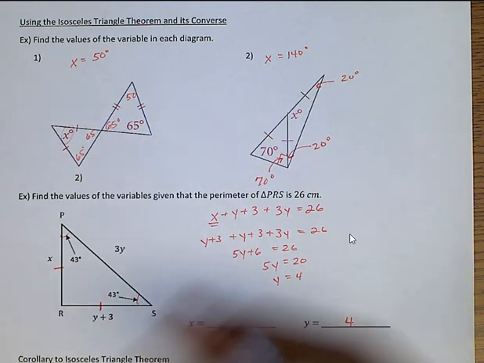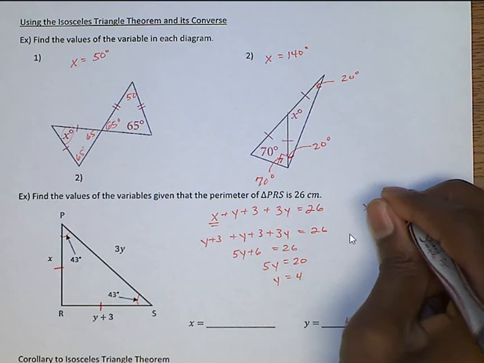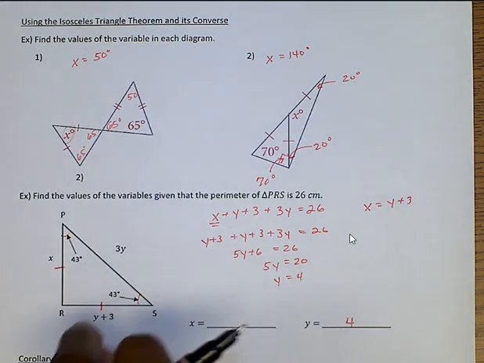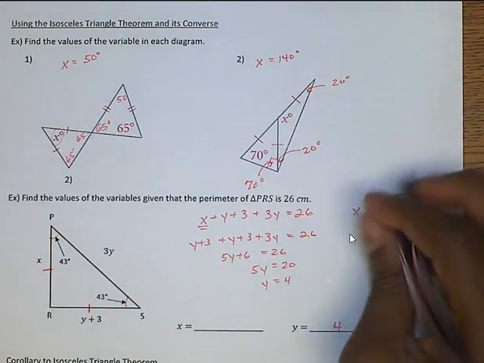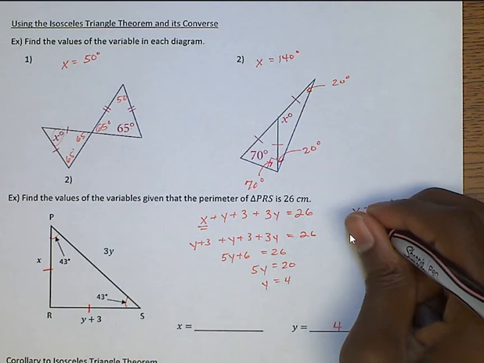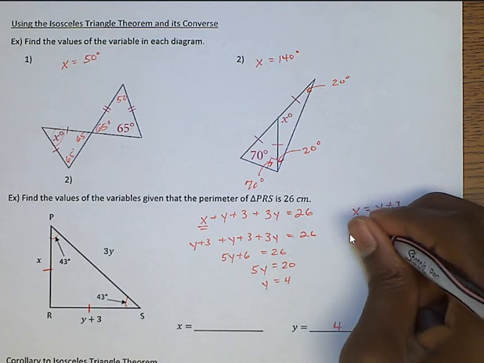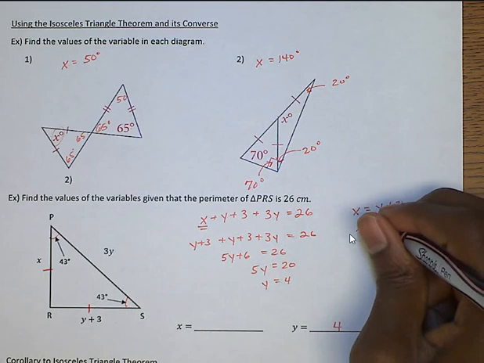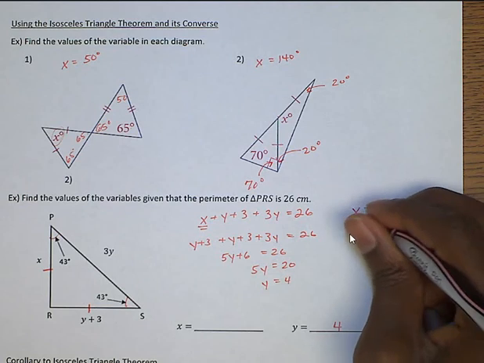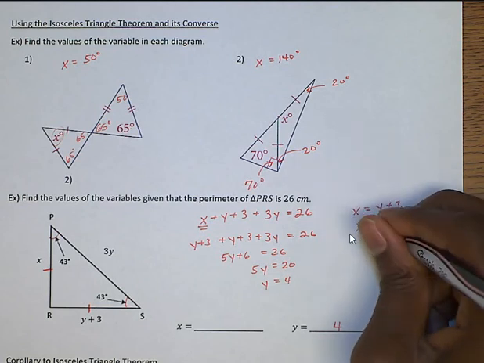We had x is the same as y plus 3, remember, because of our congruencies. So then I want to put x equals, did we do that right? Yes, x equals, what's y? 4 plus 3. So x equals 7.